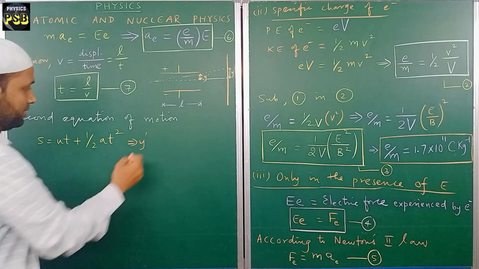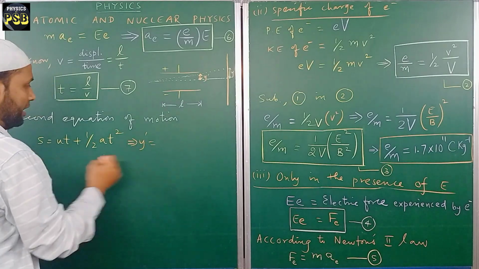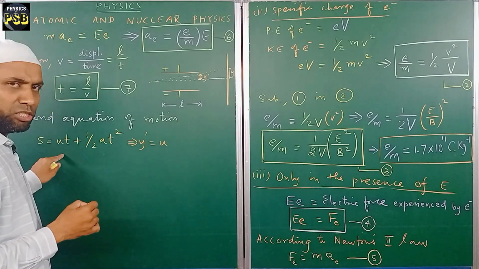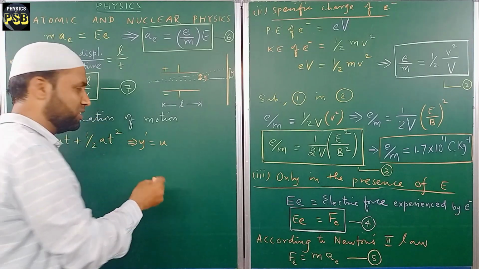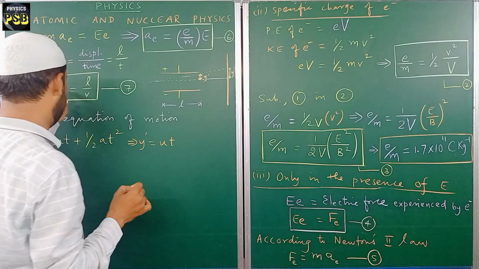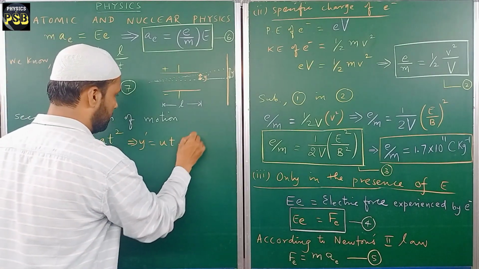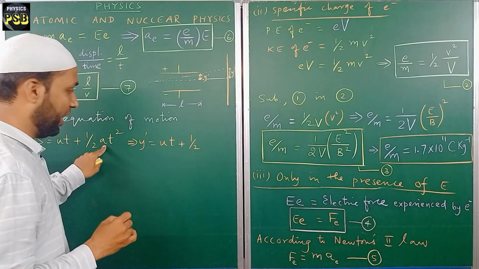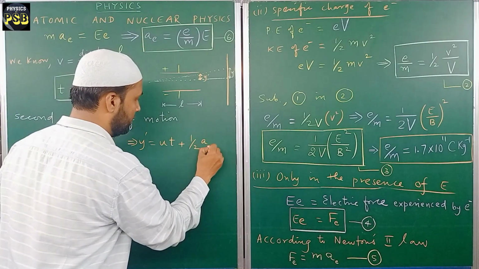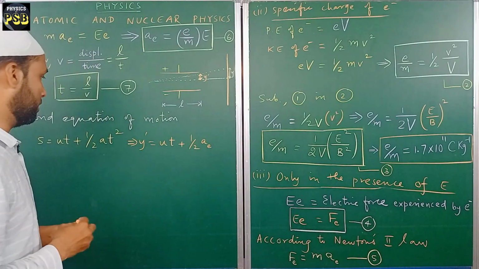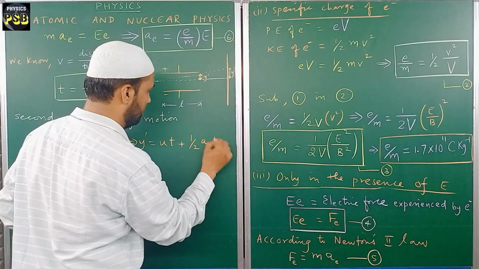S is y dash, and u is the initial velocity of the electron, which is nothing but 0, and t is the time. Let's take a as such. So half, in the place of a, I write ae, which represents the acceleration of the electron. Everything is the same here.